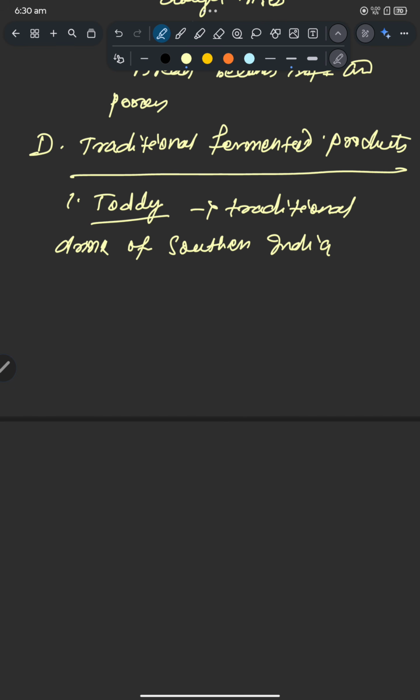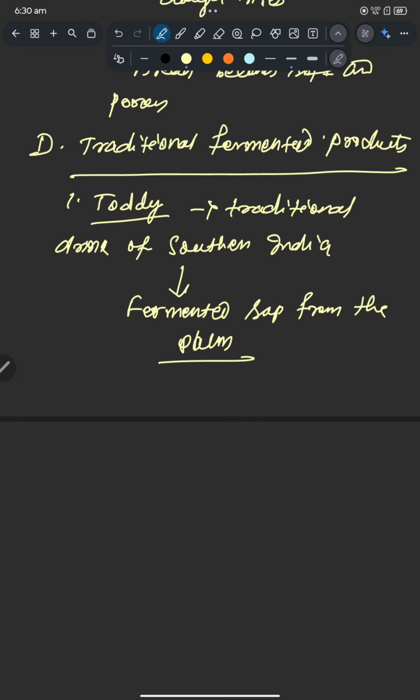It is obtained by fermented sap from the palm tree. If the palm tree is cut in a particular region, some fluids are released, and these fluids are the sap, and when this sap is fermented, it forms the toddy.